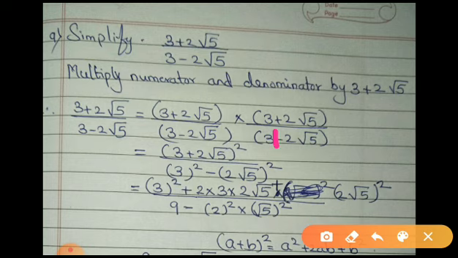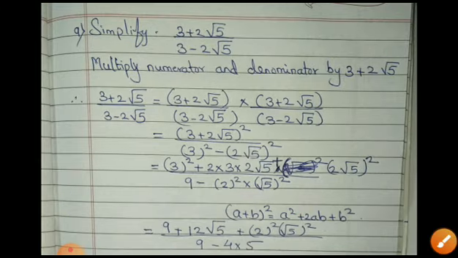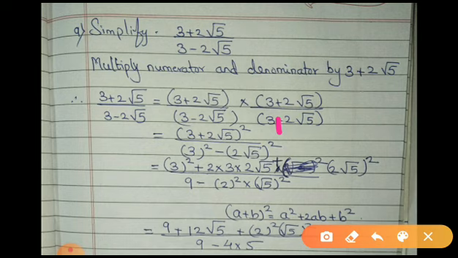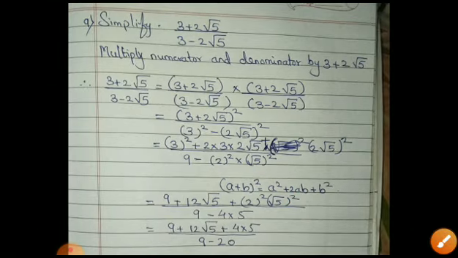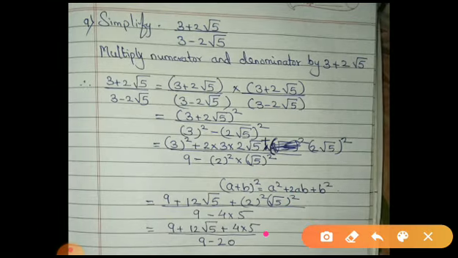It will be a minus of 2 square into root 5 square. Okay. So I'll be having it as simplified and you will get at the denominator 9 minus 20. So 2 square is 4. Root 5 square is what? It is 5.